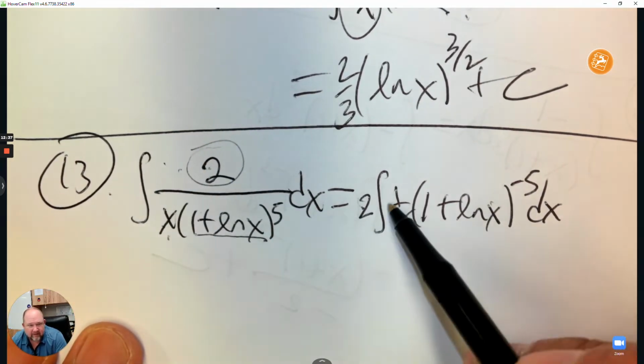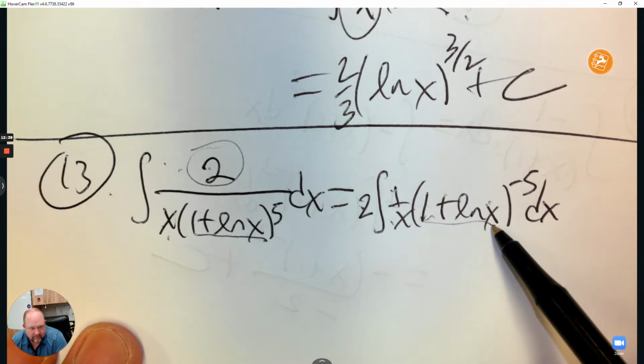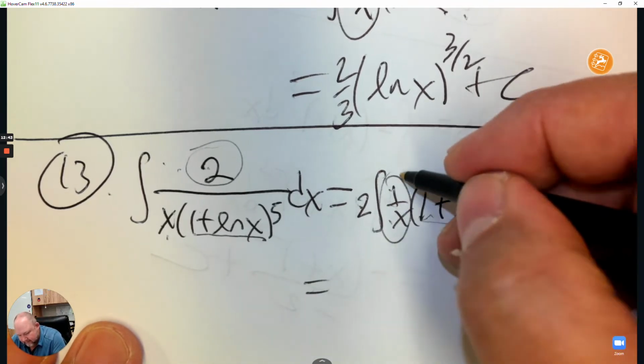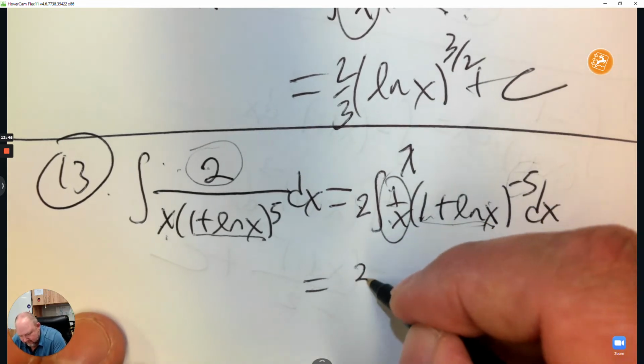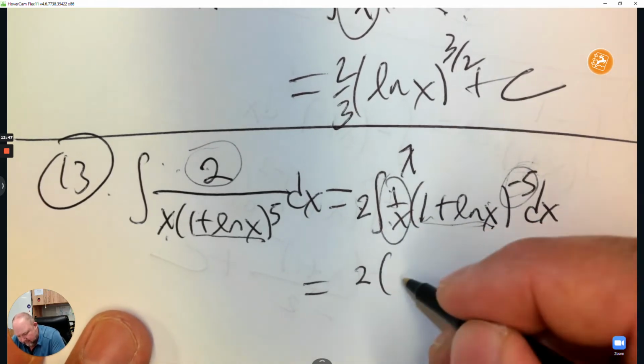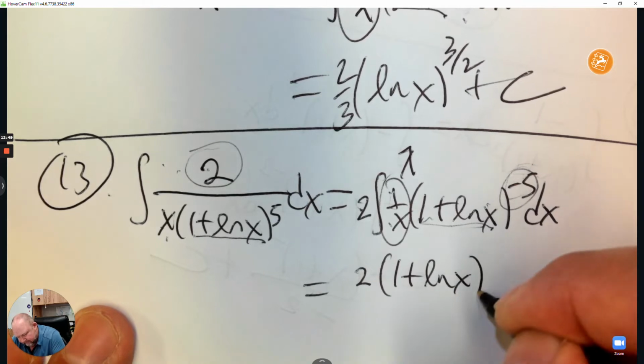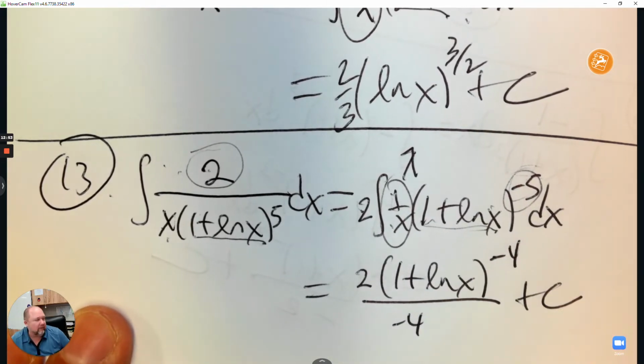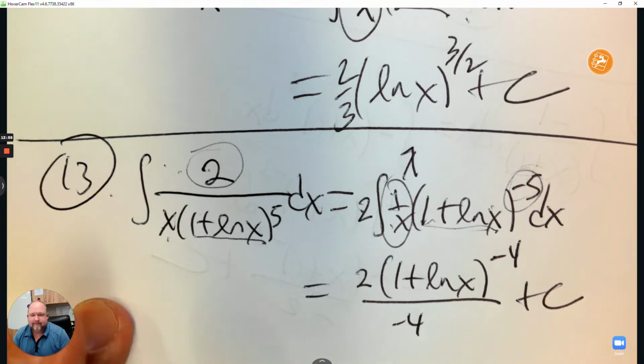I have 1/x, which then matches the derivative of the base. So it's all calculus friendly, ready to go. I can unhook this, and then I add 1 to the exponent and divide by that exponent. And you could write that as -1/2. Number 14.